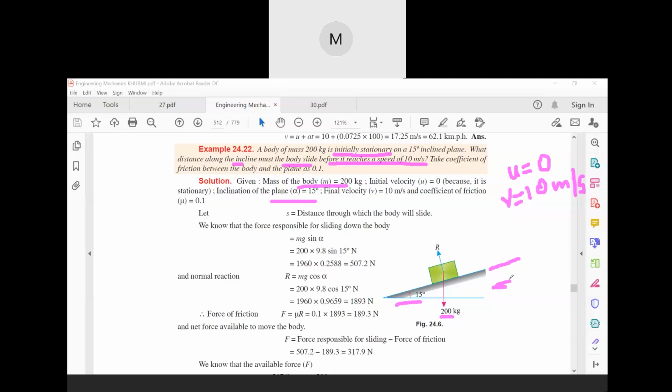Okay. So now if you draw diagrams like this, then first of all, you have to find out what? The sin alpha component and the cos alpha component. Now look.